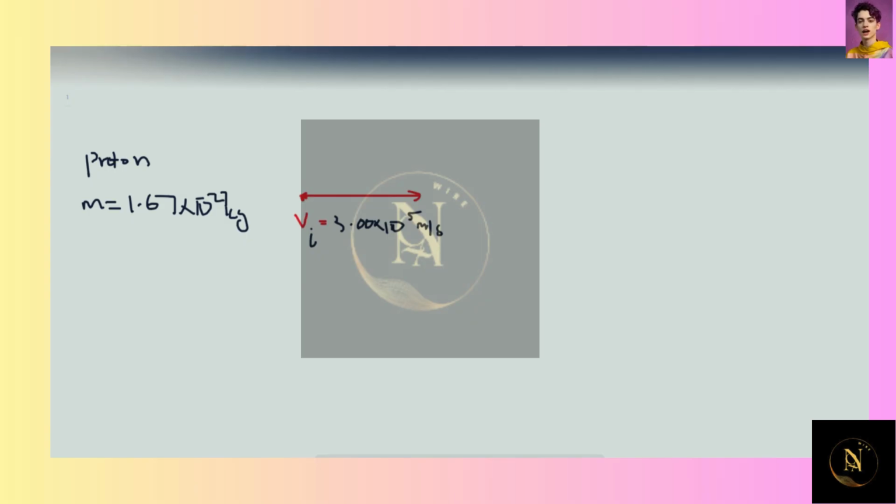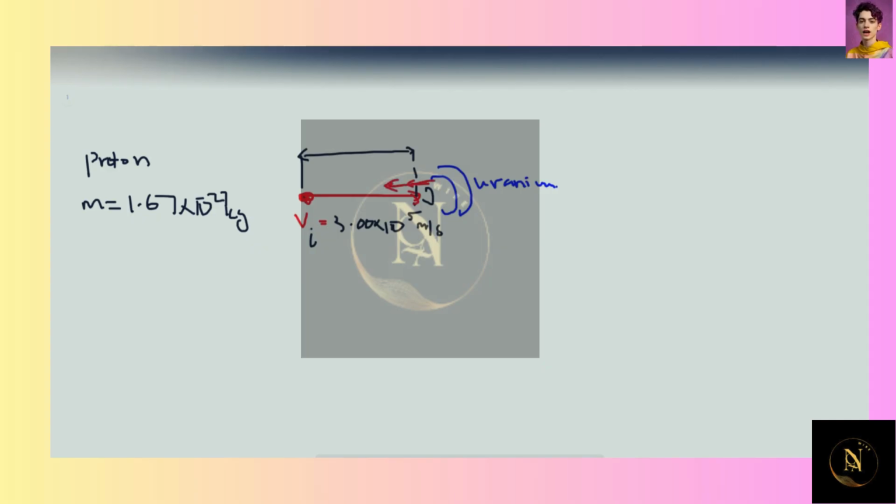This is a distance of 5 meters away, and there's a uranium nucleus. What's happening is, as the proton comes this way, it's being repelled by the uranium.